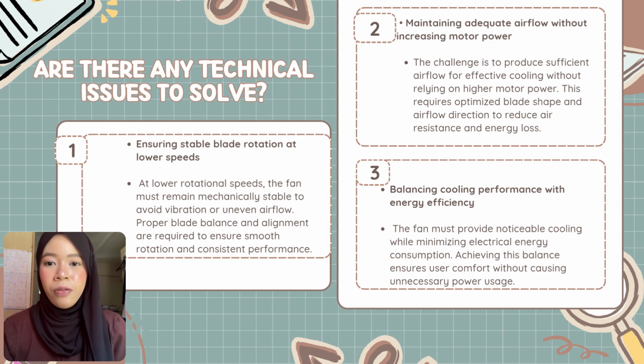This is achieved by optimizing the blade shape and airflow direction to reduce air resistance and energy loss. Third, and finally, the design must balance cooling performance with energy efficiency. The fan should provide noticeable cooling while minimizing electrical energy consumption to ensure user comfort without unnecessary power usage.